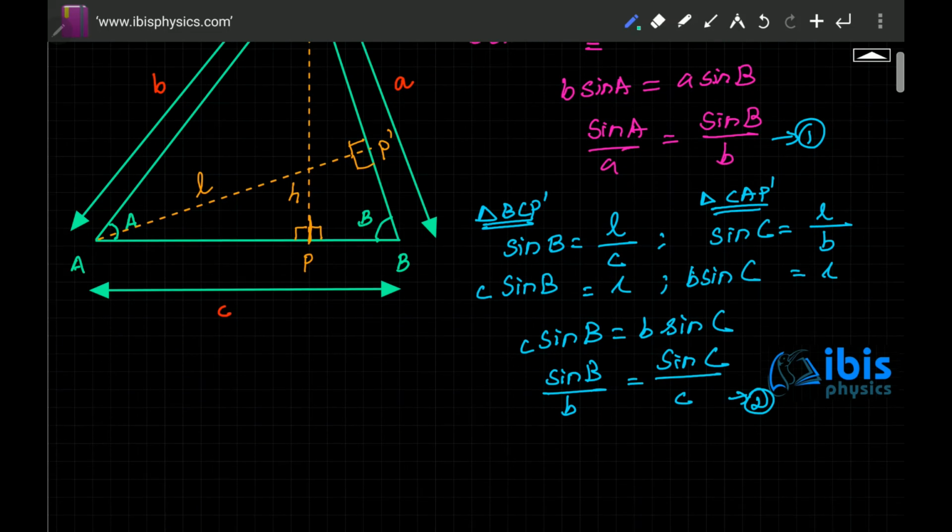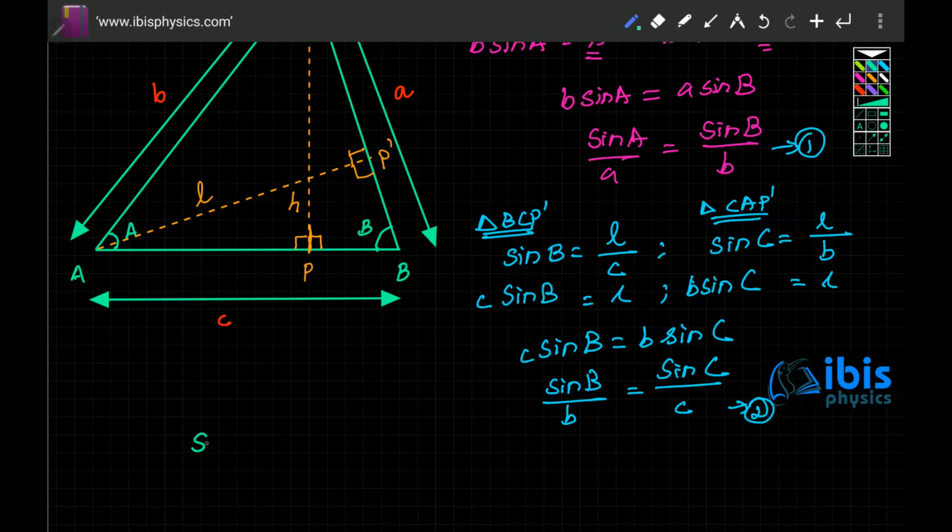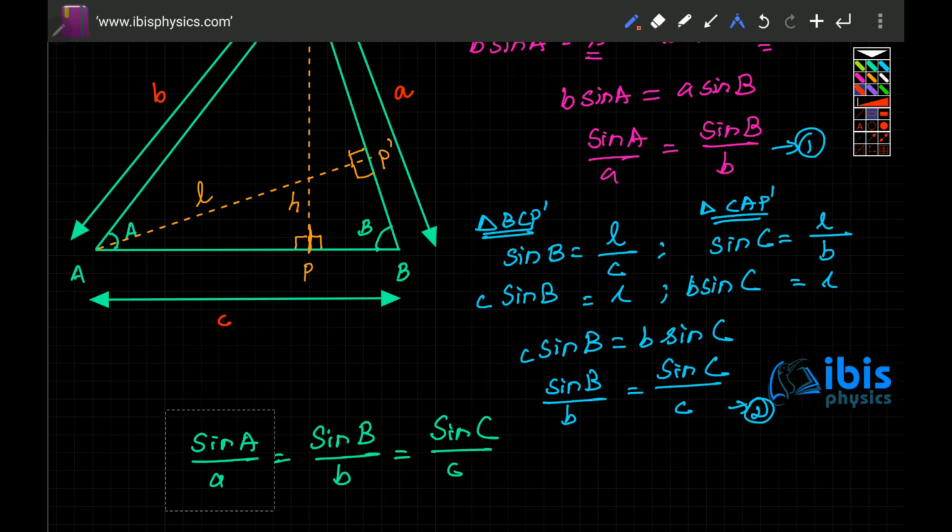We get that relation: sine A by a, where a is a length, equals sine B by b, which is equal to sine C by c, where A, B and C are the angles, and small a, b and c are lengths. So this is what the sine rule is: sine A by a equals sine B by b equals sine C by c.